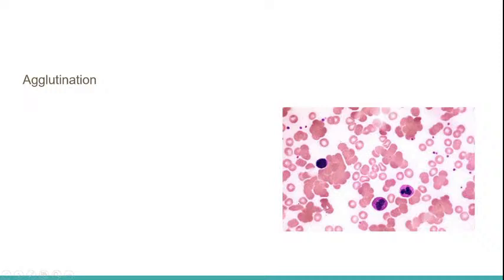So from what you can gather here, this is a clotted sample. And I wanted you guys to see it because sometimes clotting is not visible macroscopically. Sometimes it's what we call macroscopic agglutination. There's macroscopic clotting. Okay, so there's two types: the macroscopic and the microscopic. This is an example of a microscopic agglutination. How do I know it's a microscopic agglutination?